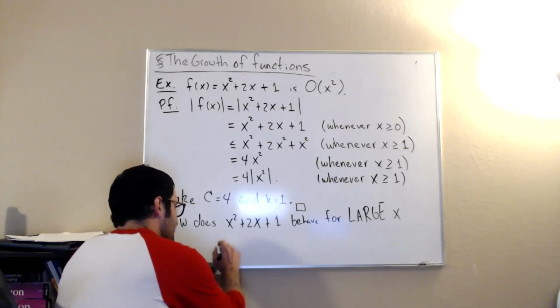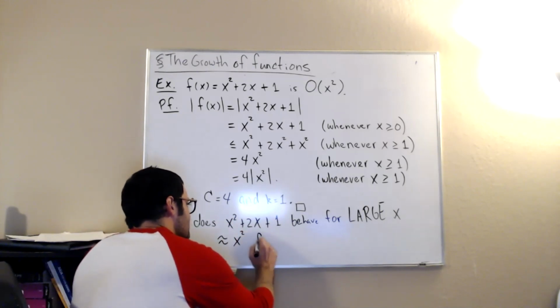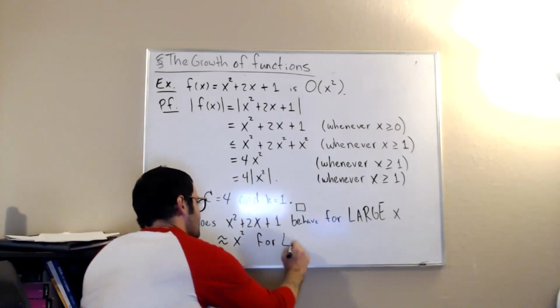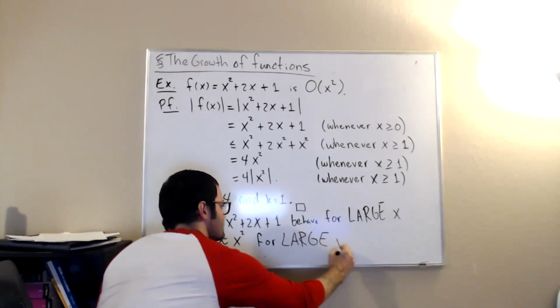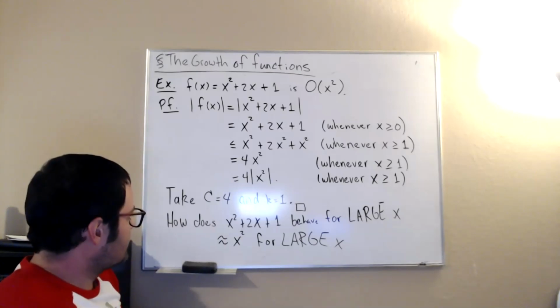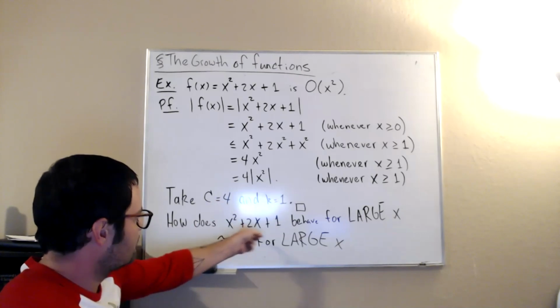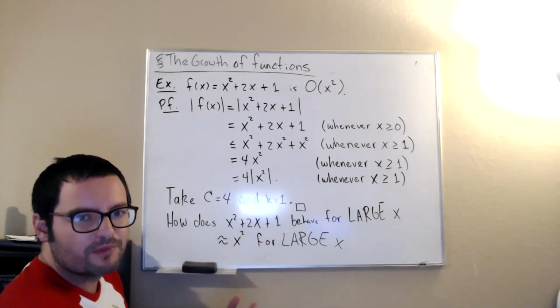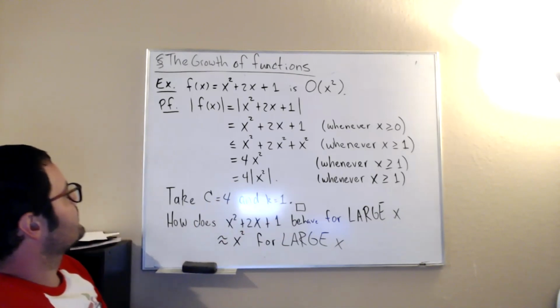So this thing basically is something like that for large, just emphasizing very large x. So you can get a sense of what that function is behaving like for large x just by considering what terms go away and what terms don't matter anymore when x is large enough.